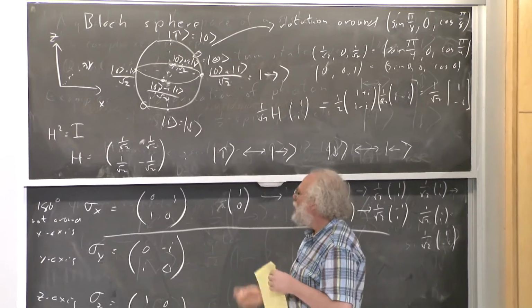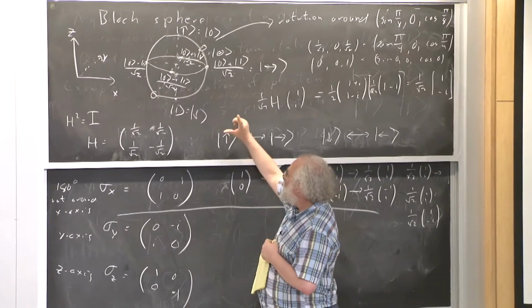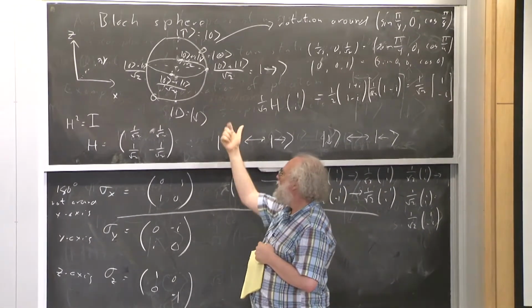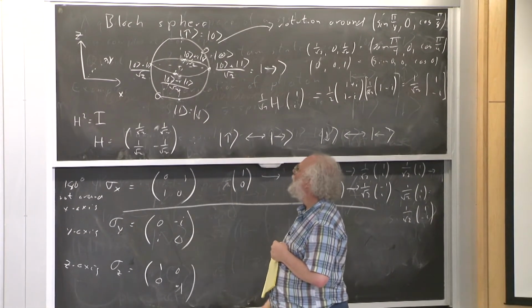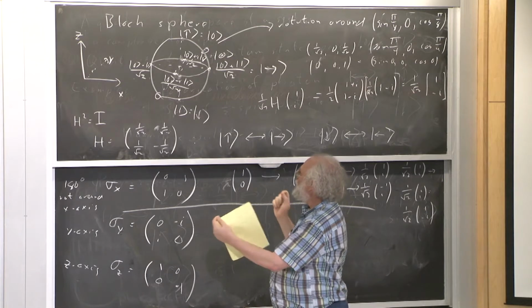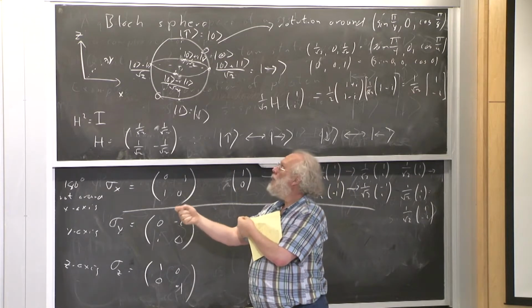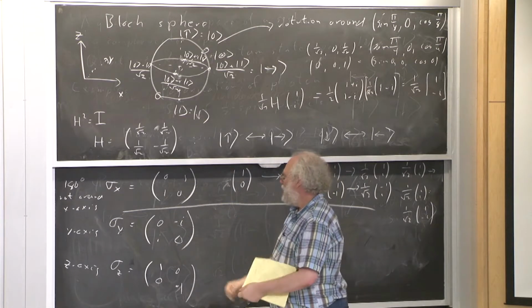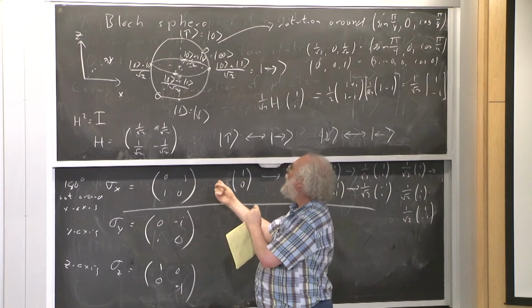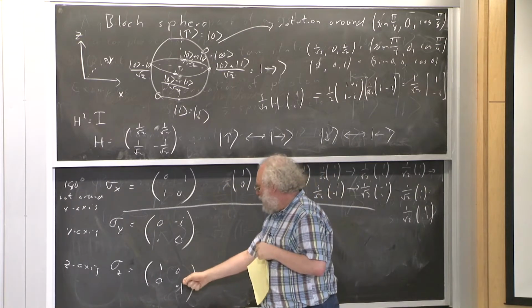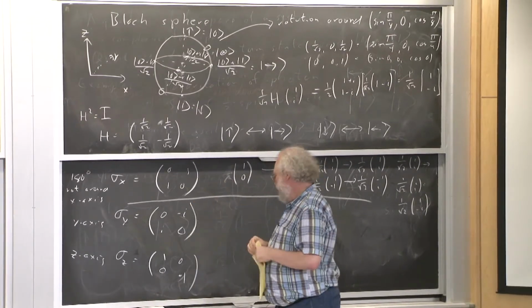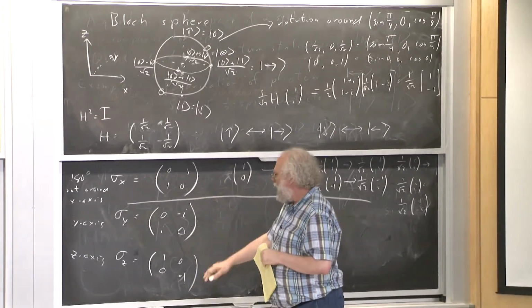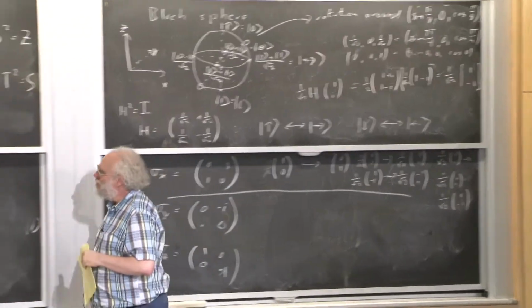Sigma y keeps the y-axis unchanged and interchanges the z-axis and the x-axis units. So if you multiply sigma x and sigma y, you flip the minus x and x vectors, you flip the minus y and y vectors, and you flip the minus z and z vectors, but then you flip them back. So sigma x times sigma y is sigma z.